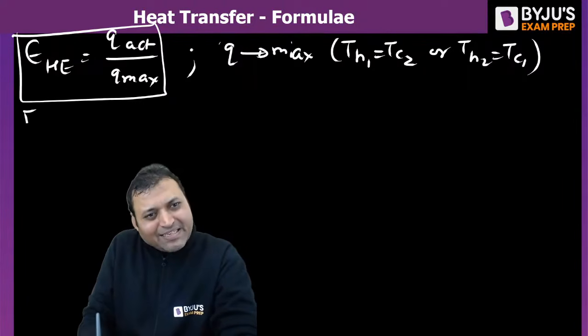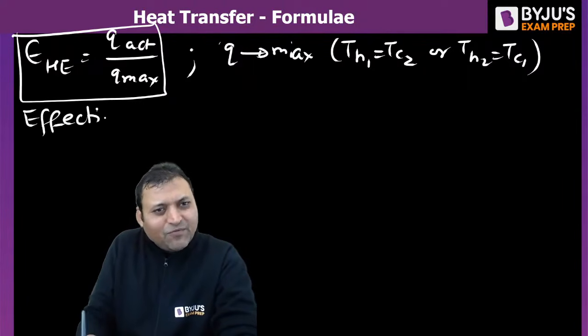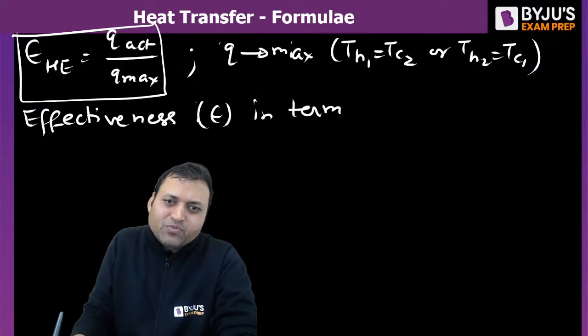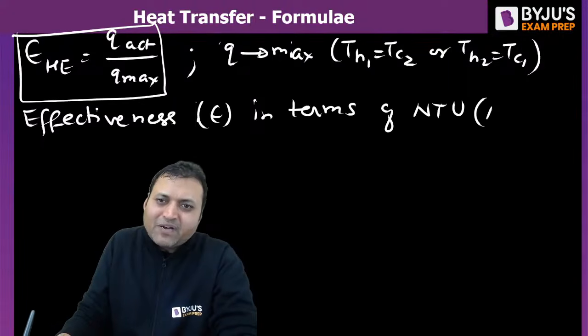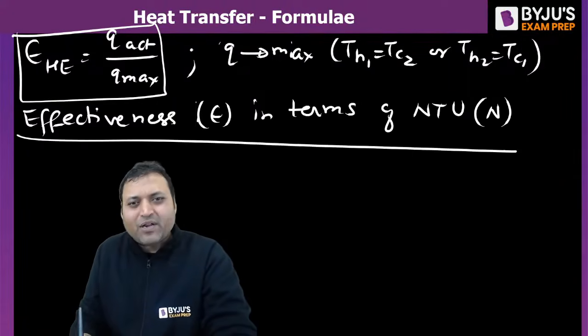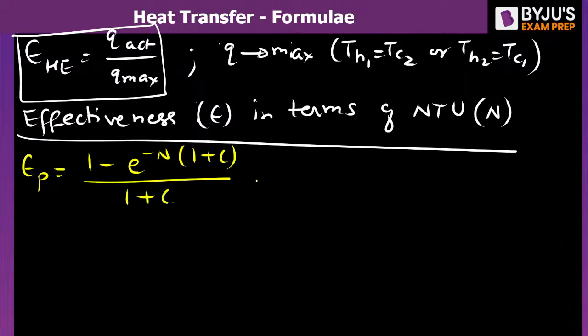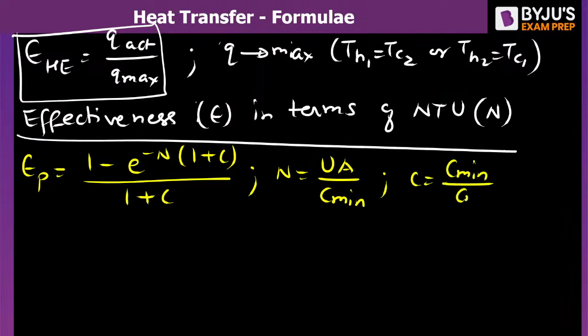And now effectiveness in terms of NTU. If we develop the formula for effectiveness in terms of NTU, number of transfer units. So the formula for effectiveness in terms of NTU, one is effectiveness for parallel flow heat exchanger, 1 minus e to the power minus N(1 plus C) upon 1 plus C, where N is equal to UA by C minimum, that is called number of transfer units, and C is equal to C minimum by C maximum.